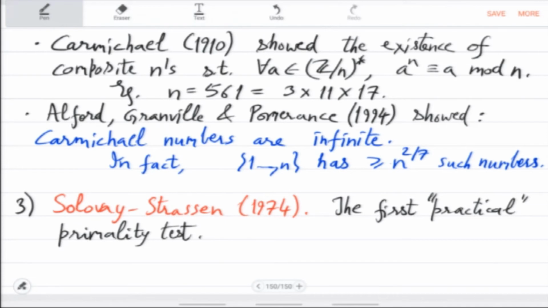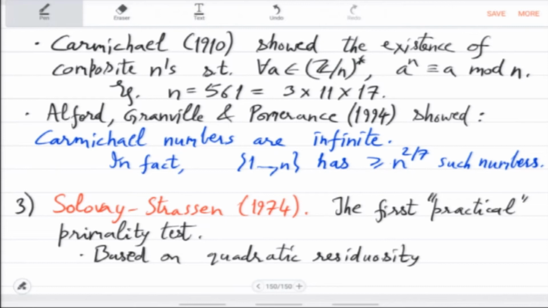It is based on quadratic residuosity, the quadratic residuosity property in prime fields.